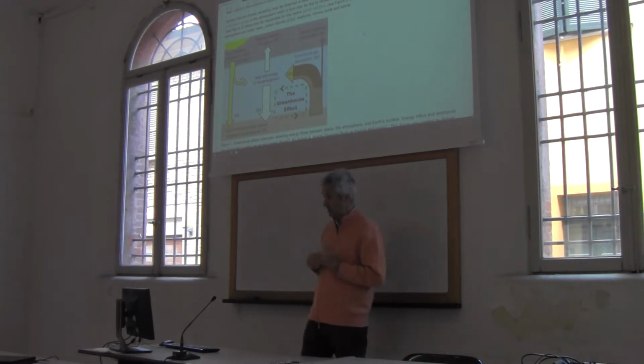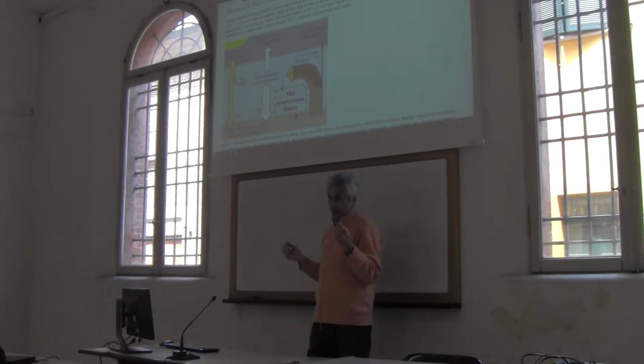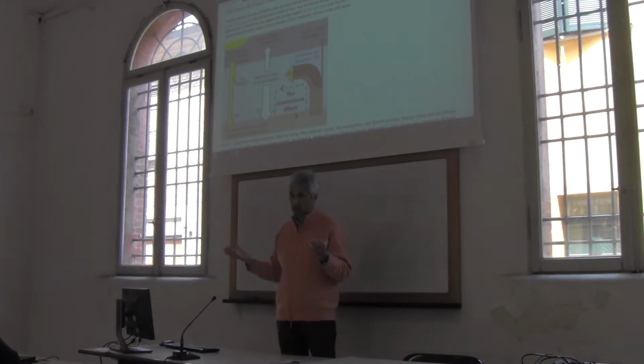It has to be said that this scheme, which is very simple, is not completely understood. It's not completely understood what is the impact of human activity in terms of release of CO2 compared to other contributions, like natural emissions of CO2 from volcanoes, from animals, and emissions of CO2 from the oceans. The oceans emit CO2. They can store CO2 and release it, depending on the temperature of water.